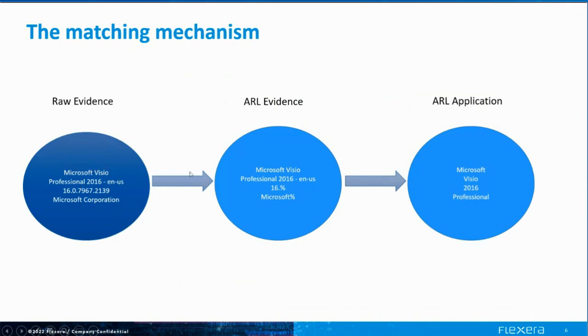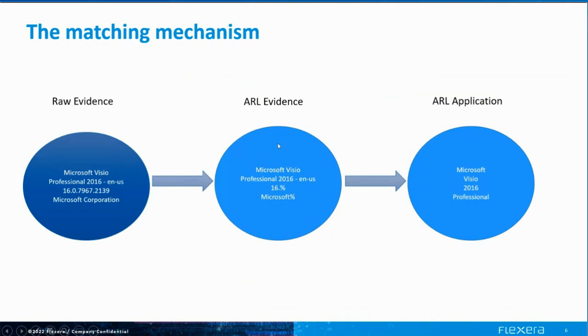This raw evidence will match to an ARL evidence, which is Microsoft Visio Professional 2016, and which has, you see, these wildcards that allow to better manage subversion that could be discovered. And that's why, I was saying the less precise the normalization is, the better level of recognition you will have.